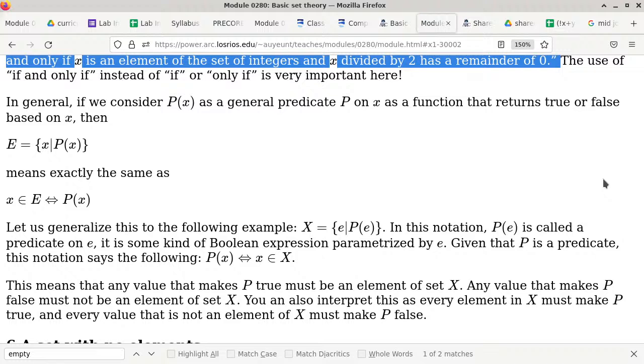But note how we use the double-sided arrow here instead of the single-sided arrow. This is if and only if, which means if this is false, this has to be false. If this is true, this has to be true, and also reverse the direction. If this is true, this has to be true. If this is false, this has to be false.